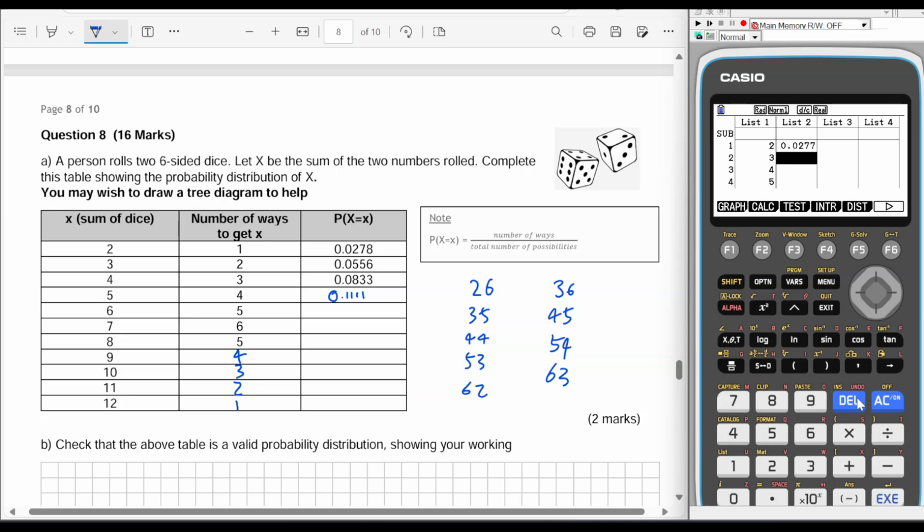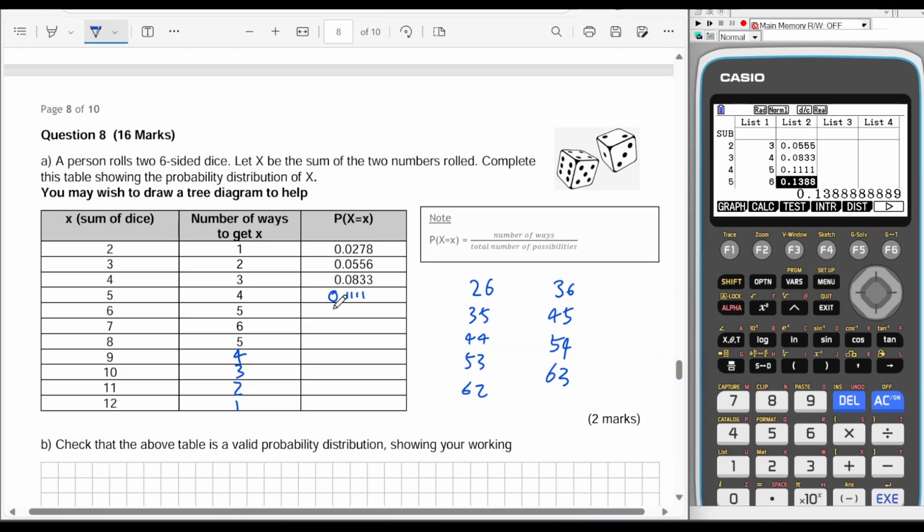There we go. 2 out of 36, 3 out of 36, 4 out of 36, 5 out of 36, 6 out of 36, and then we go back. So 5 out of 36, 4 out of 36, 3 out of 36, 2 out of 36, and 1 out of 36. And conveniently, I can just scroll up and down this to find the values that I actually want.